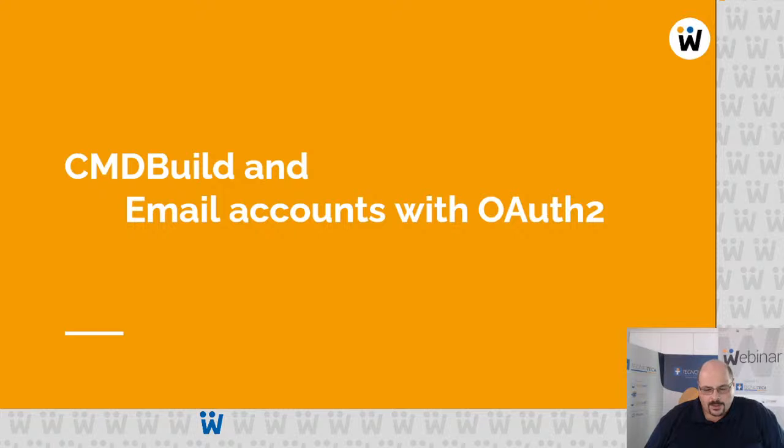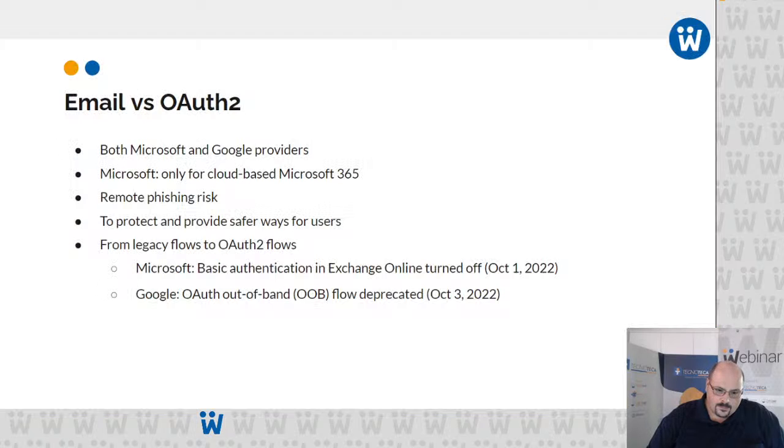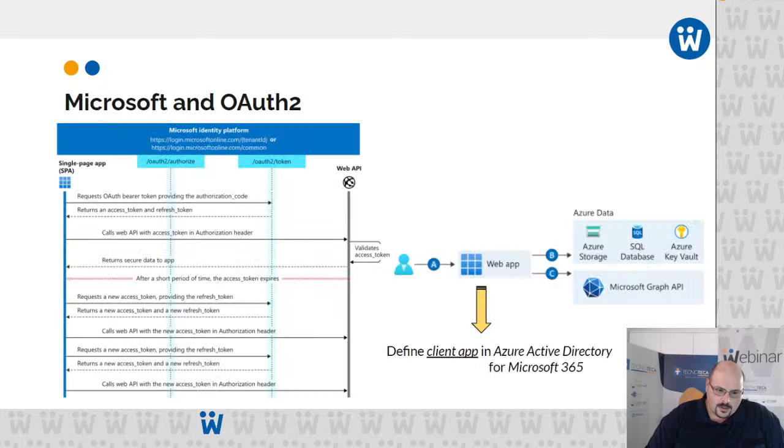Google only deprecated the old username and password flow, but it's better to adhere to the new OAuth protocol. In CMDBuild 3.4.1 we handled both, so now we will see some details. Here is a schema for the OAuth token flow interaction.